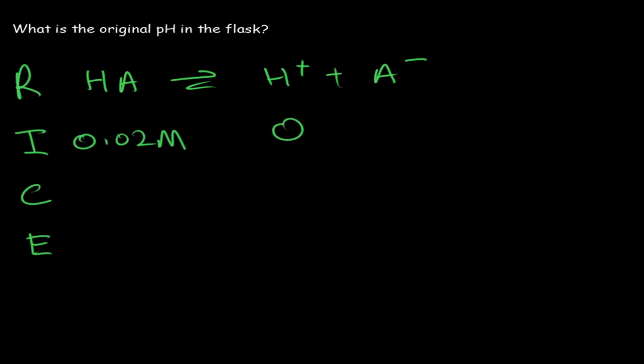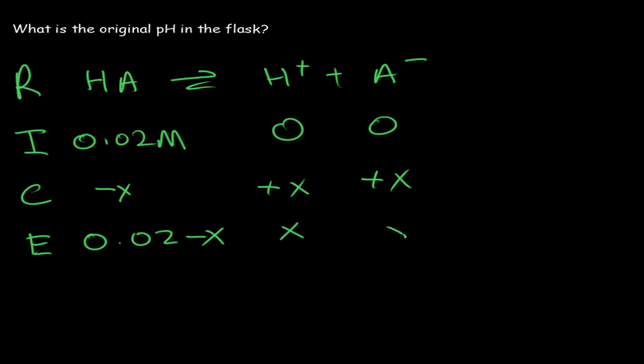We have 0 protons and 0 of the acetate anion in our solution currently. So our change will be minus X for HA because it's going to dissociate into H plus and A minus. So we will gain some of those protons and some acetate in our flask. So our equilibrium value is 0.02 minus X, X, and X.